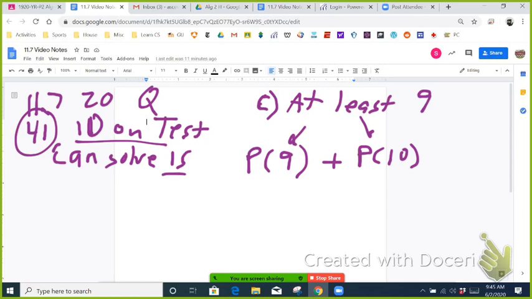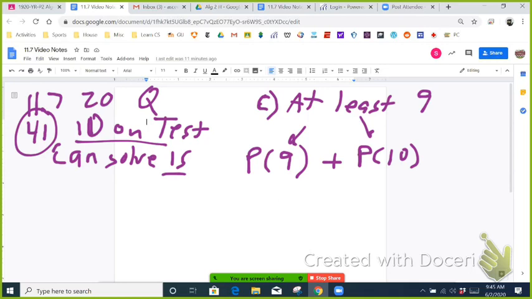Now if it said what's the probability of getting at least 1 question correct, then I would do the complement principle, because you would have to find the probability of 1, 2, 3, 4 all the way to 10. So in that case, I would find the probability of getting no correct and subtract that from 100%. But something like at least 9, where it's only 2 different probabilities you have to do, I would set it up like this. You have to do these separately and then add the probabilities together.